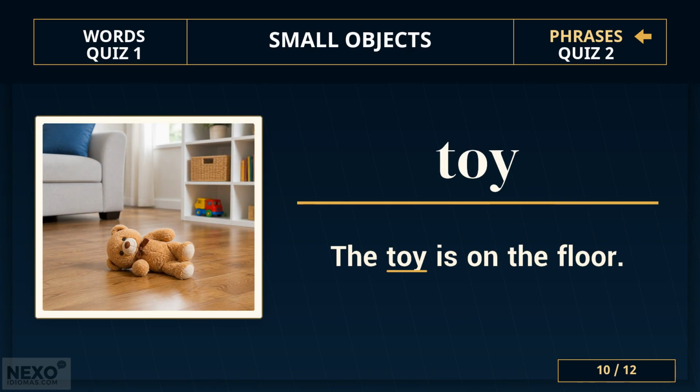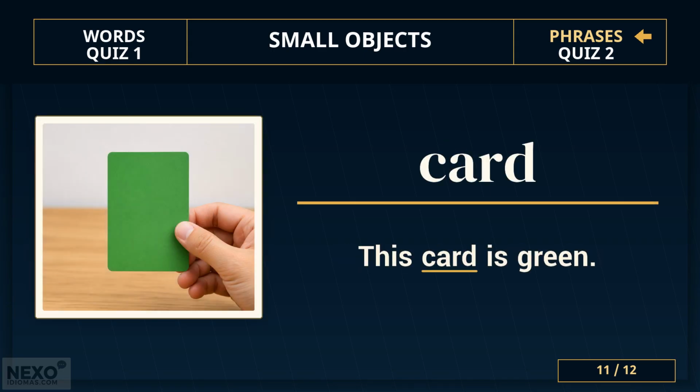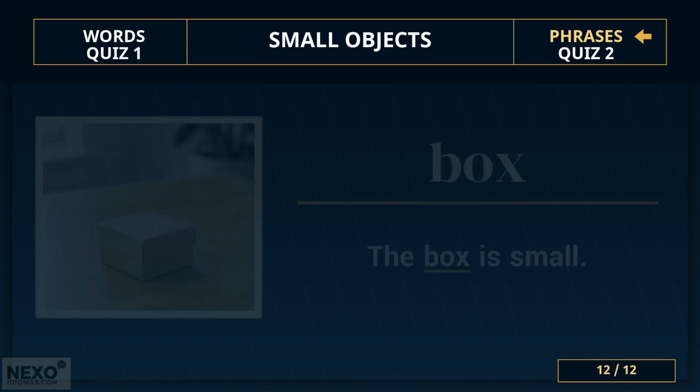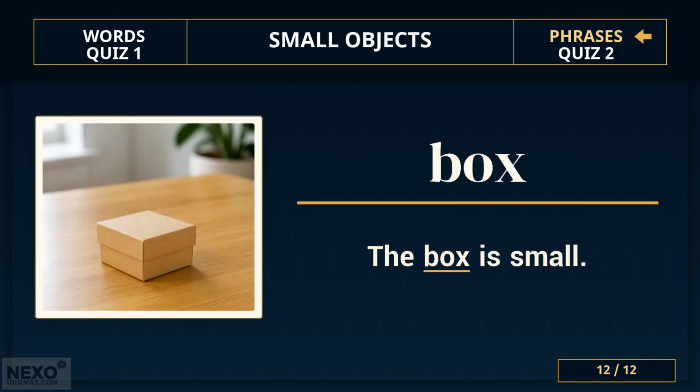Toy. The toy is on the floor. Card. This card is green. Box. The box is small.